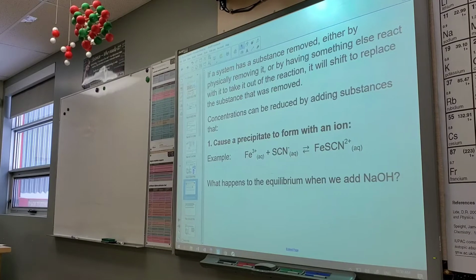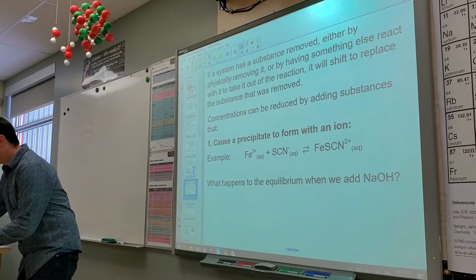This is a substance being removed. Now, this is really interesting. It's really hard to remove a substance from an equilibrium. I just want to show you an example. So what we have here, I've got iron 3+ ions.